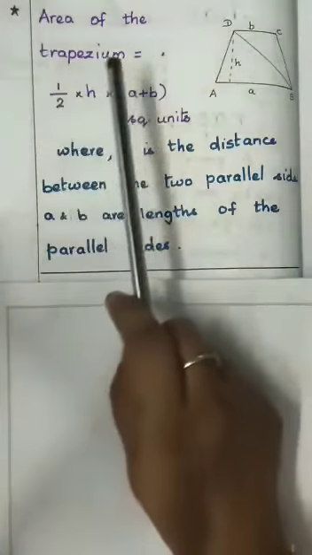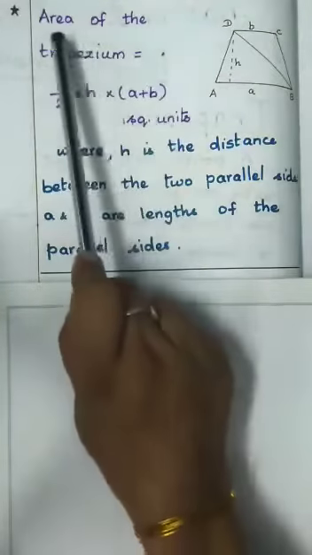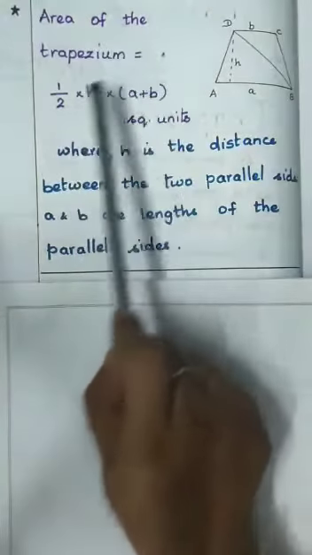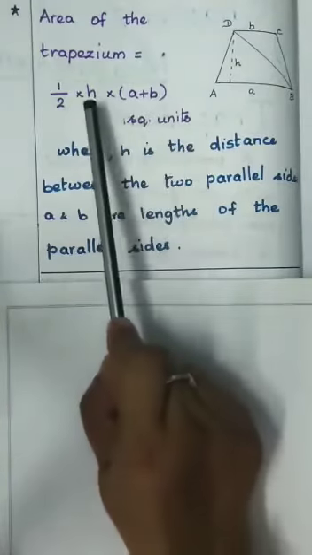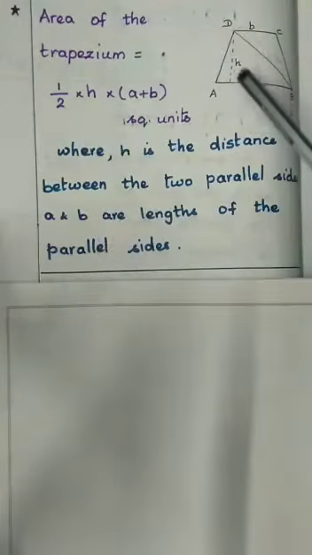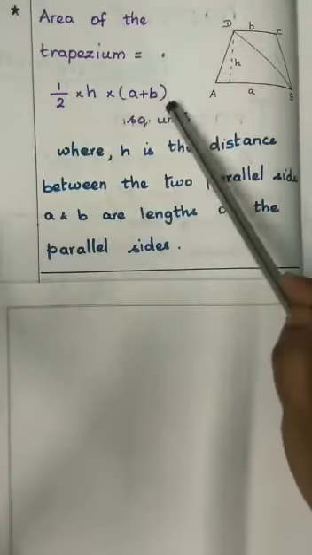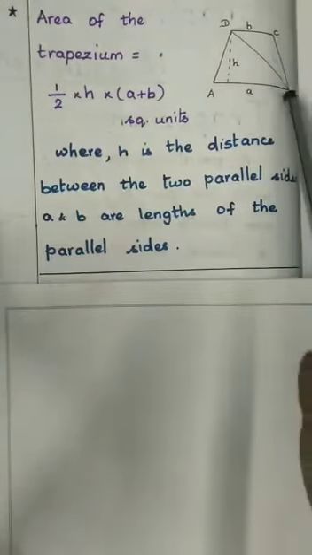Let's see the formula to find area of the trapezium. Area of the trapezium equals half into h into (a plus b) square units, where h is the distance between the parallel sides and a and b are the lengths of the parallel sides.